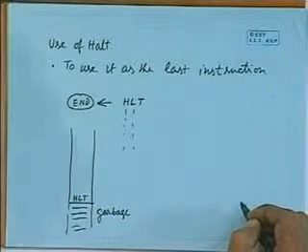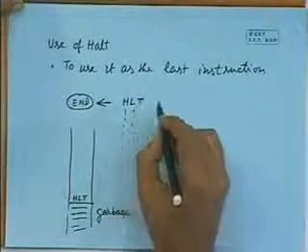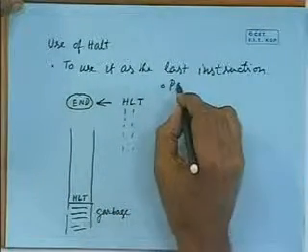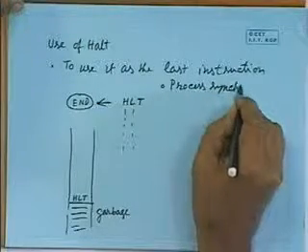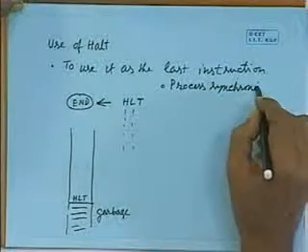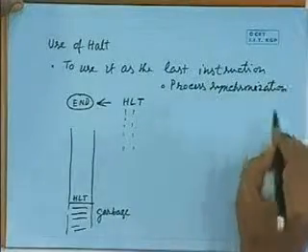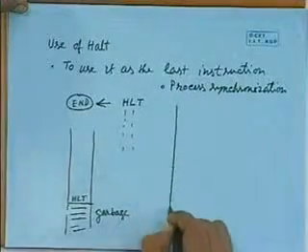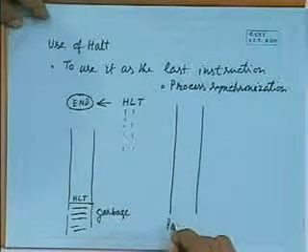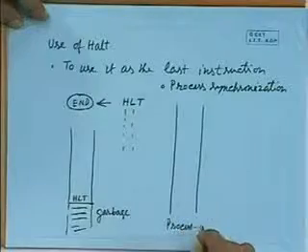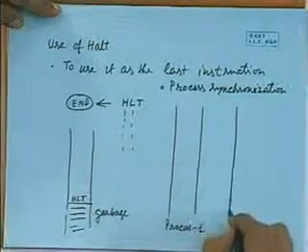Another very important use of halt is process synchronization. Let us see how process synchronization is done by using the halt instruction. Suppose you have one microprocessor executing a program, say process 1 executed on one processor.